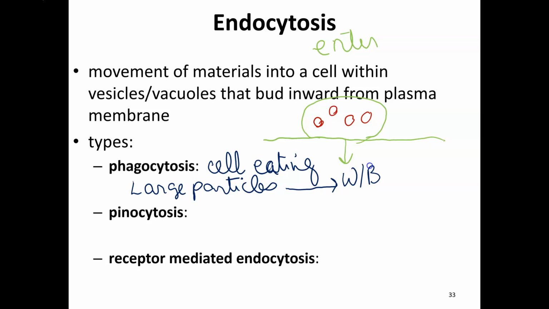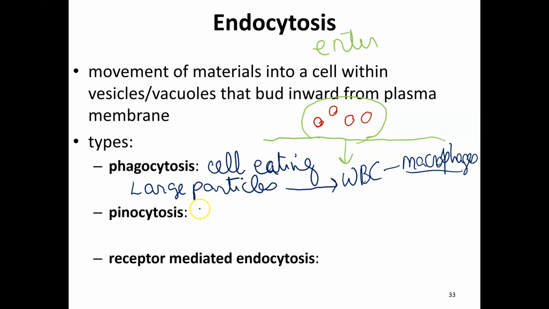I'm going to put WBC for white blood cells that are able to take in large molecules, specifically macrophages. So macrophages are in your blood, and they encounter, say, a bacterial cell. What that macrophage will do is it will engulf the bacterial cell and pull it in.